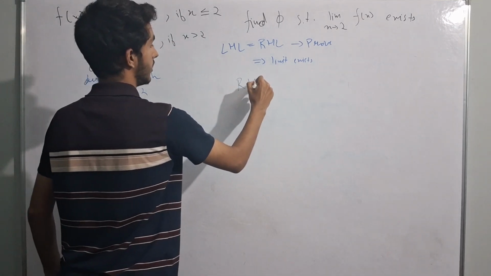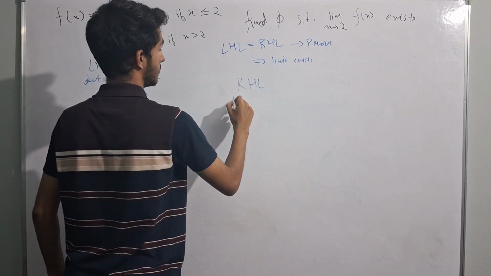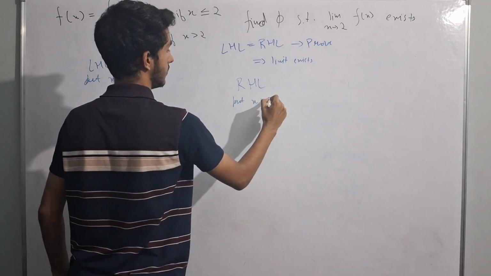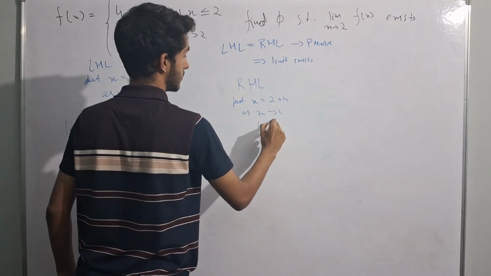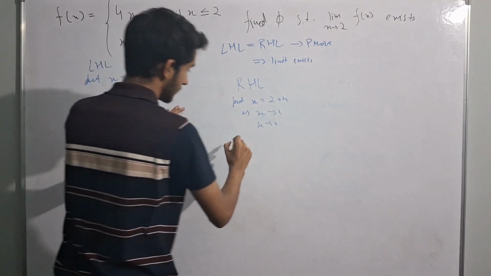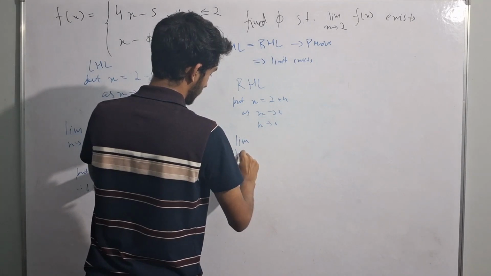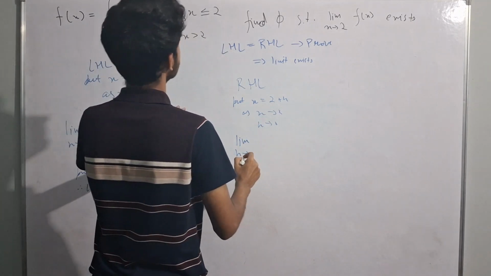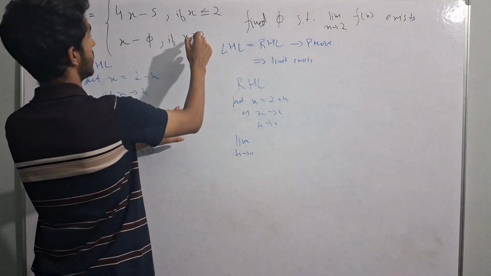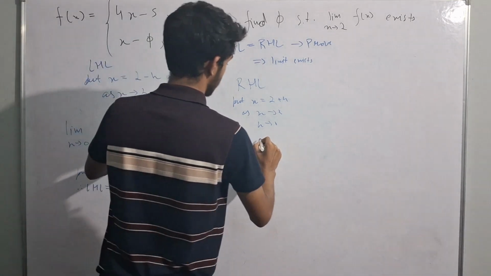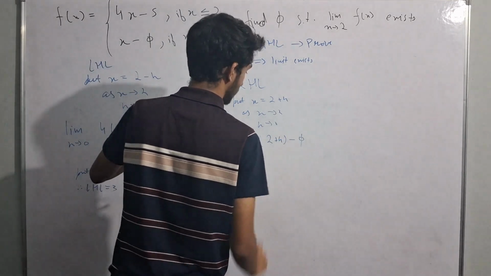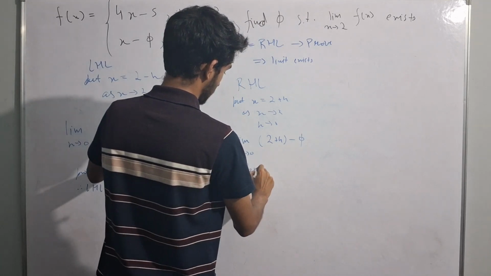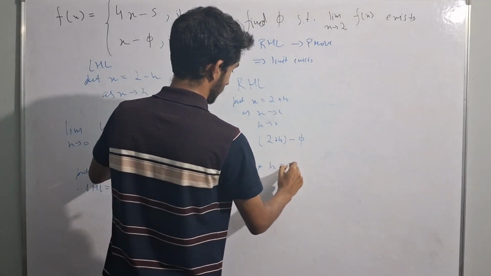So in case of right hand limit, put x is equal to 2 plus h. As x tends to 2, h tends to 0. So limit h tends to 0. So here x is greater than 2. We'll do 2 plus h minus 5 with the constant. Put h is equal to 0.